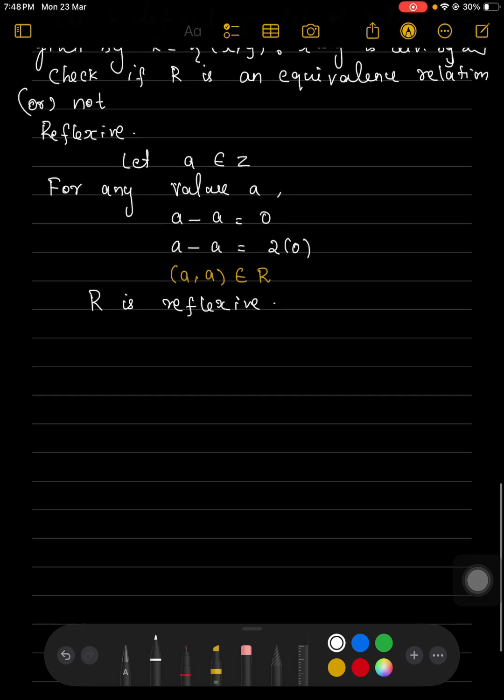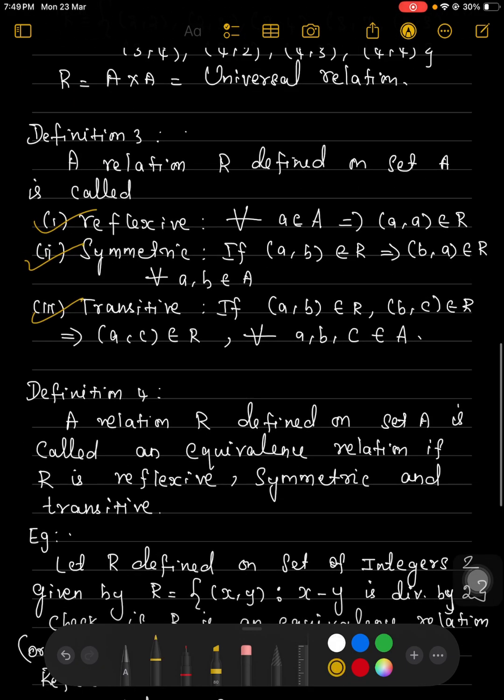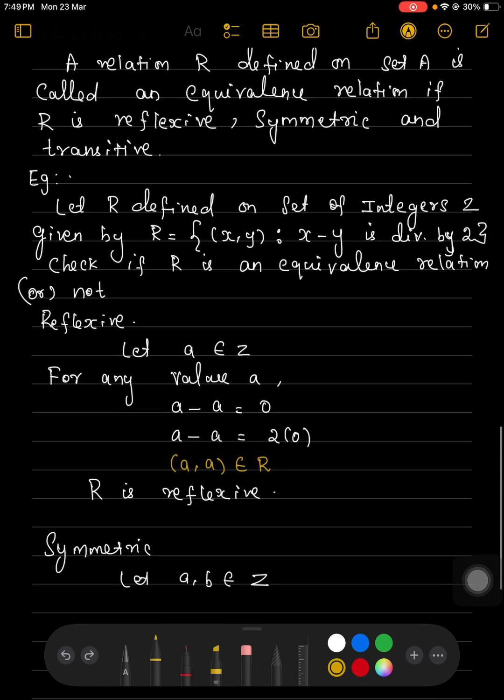Now let's see the second thing, symmetric. Again, I'm taking two different elements, a, b belongs to the set of integers. And what is the symmetric definition? I have given it here just before. Look, if you have the pair (a, b) in relation, then look for whether (b, a) is also in relation or not.